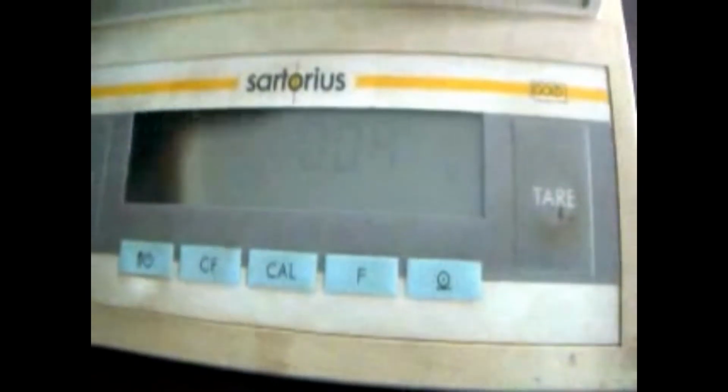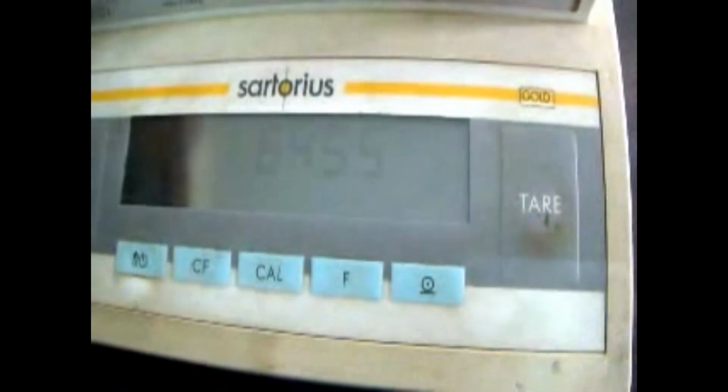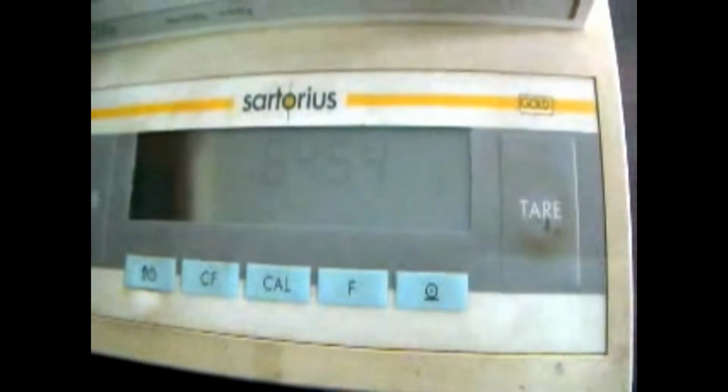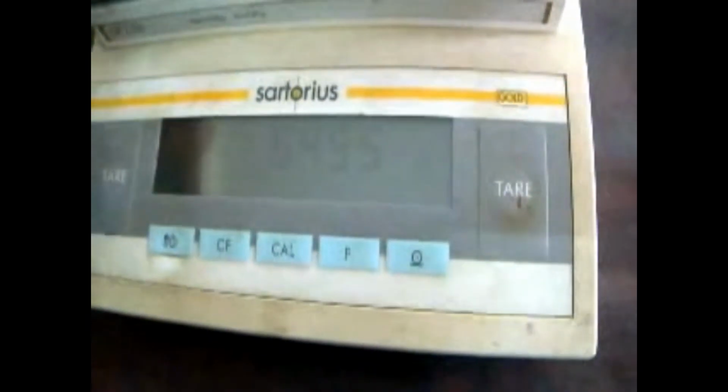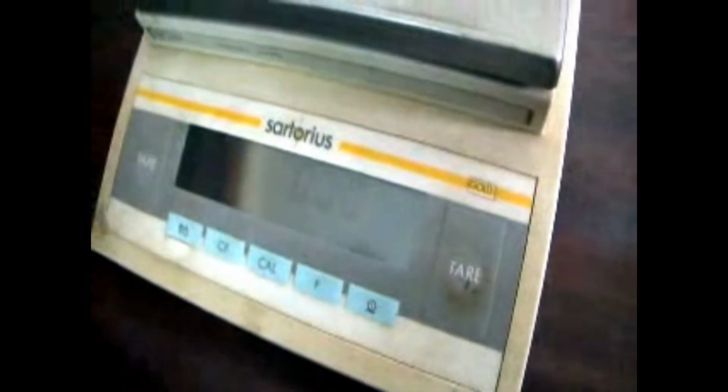So let us weigh. For 30 centimeter it's 00 initially, 00 gram. Yeah, 00, and let us put this here. So it is 64.55 gram for 30 centimeter depth. Now correct this.